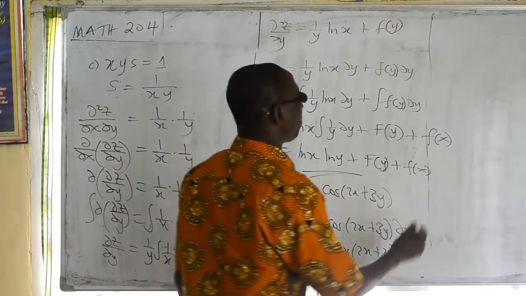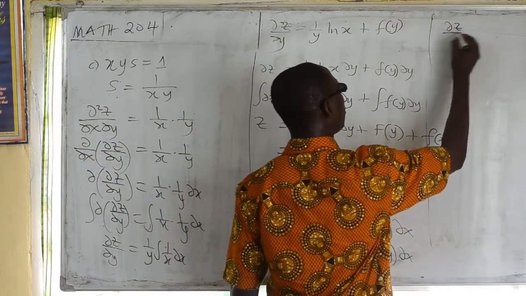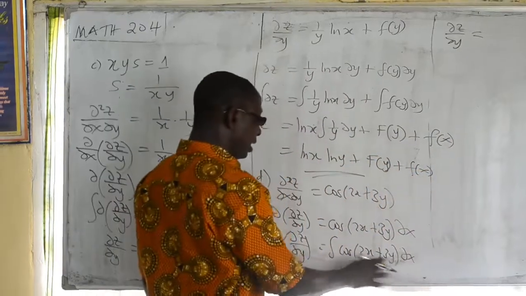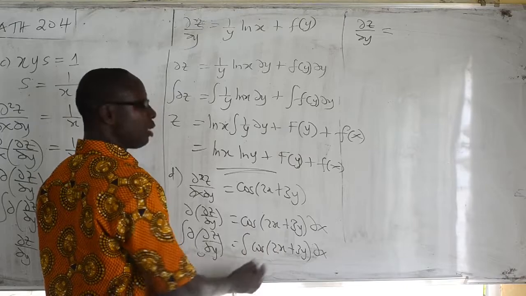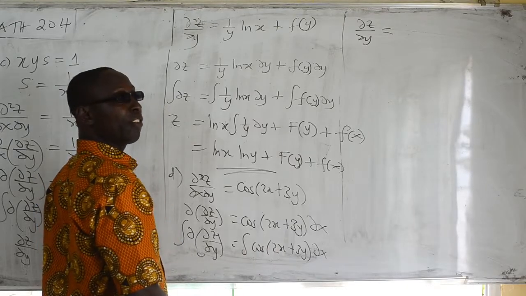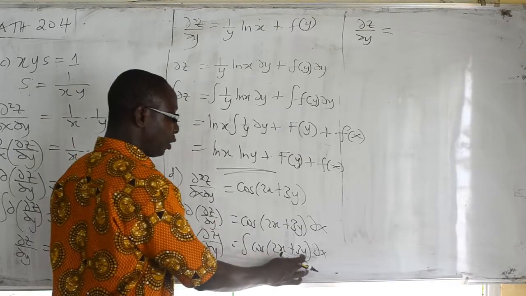This gives me partial z with respect to partial y. I'm integrating this with respect to x. How do you integrate trig? If you want to integrate trig, it's 1 over the derivative with respect to x.